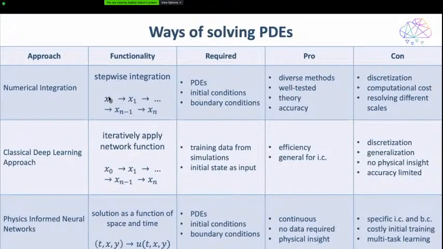So we have a spatially and temporally discrete representation of the solution. This has been tested for several decades and is also accurate, and there are diverse methods for different problems where we can solve these different problems accurately.